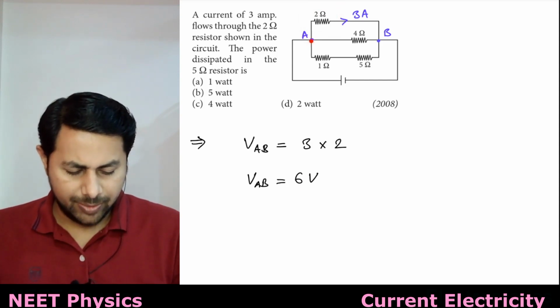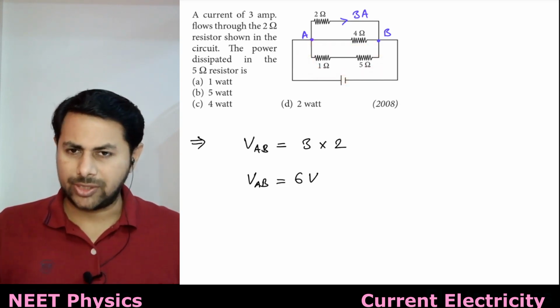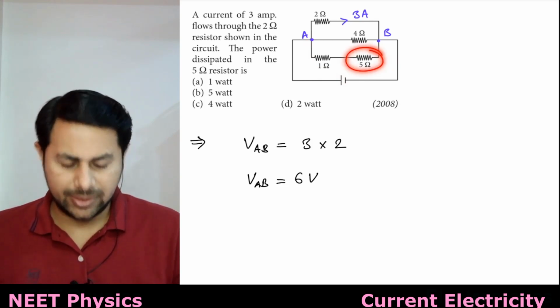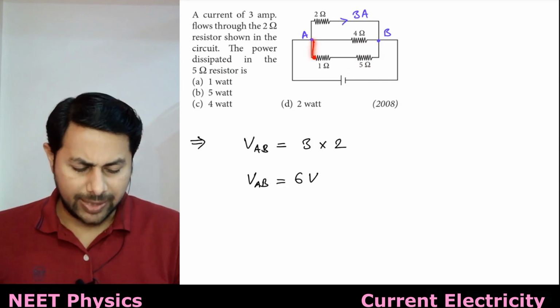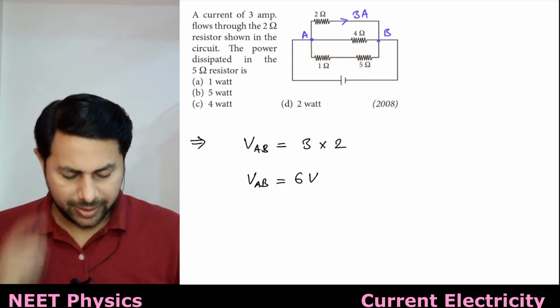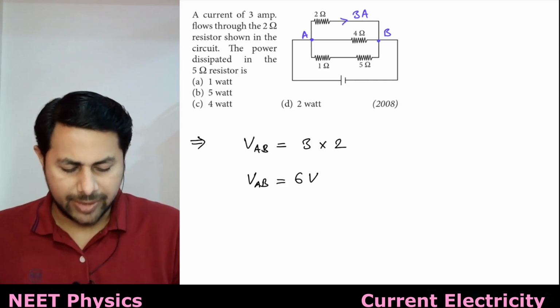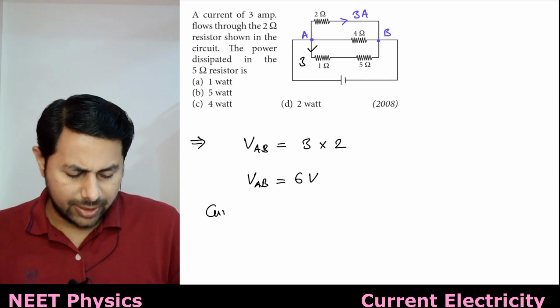If you consider the third branch, here also the potential difference is the same. We want to find out the power dissipated in this one, so we can just find out the current in this branch. So what will be the current in the third branch?